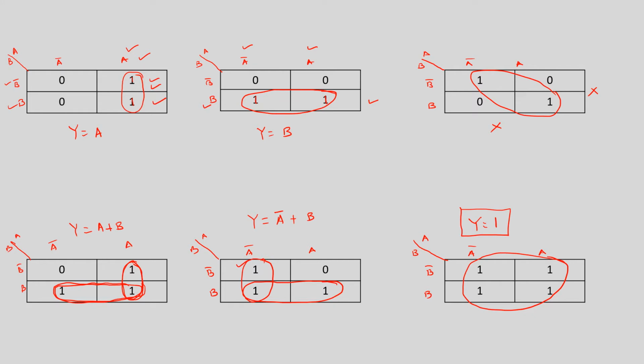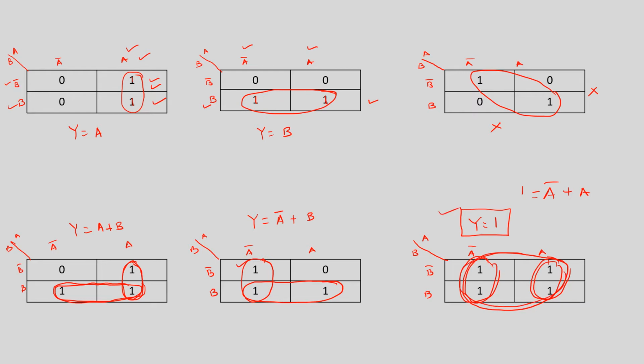If you form two pairs, which we cannot form because normally we go for the higher groups. That means if a quad is possible, then form the quad, not the pairs. But to prove how it is Y equal to 1, let us see. For this pair, answer is A bar. For this pair, answer is A. According to Boolean expression, A plus A bar is equal to 1. So if all ones are present in the K-map, answer is 1.